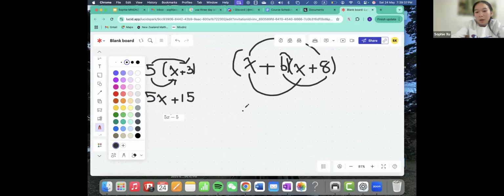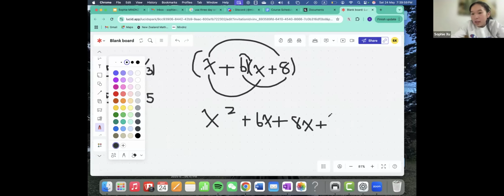So the full written out one is x squared, because that's x times x, plus 6x, plus 8x because it's the first and fourth term, and then plus 48, which is 6 times 8, right?